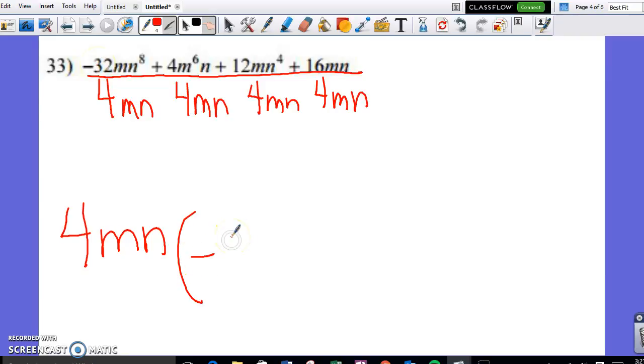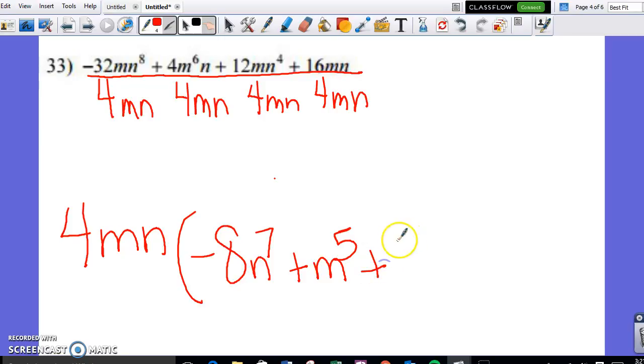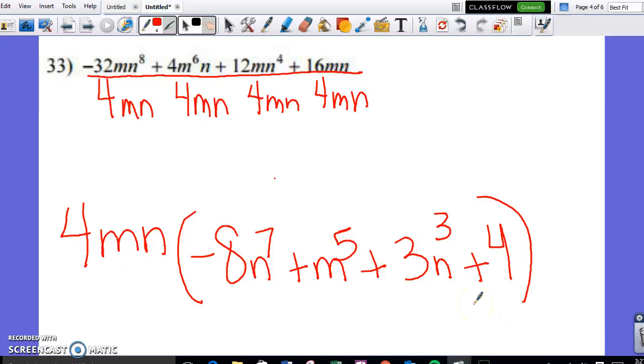Which is going to be a -8. And then you're going to have n to the 7th plus m to the 5th plus 3n to the 3rd plus 4. And that'll be your final answer.